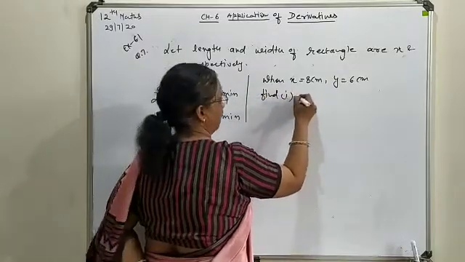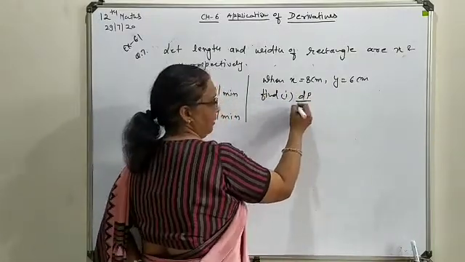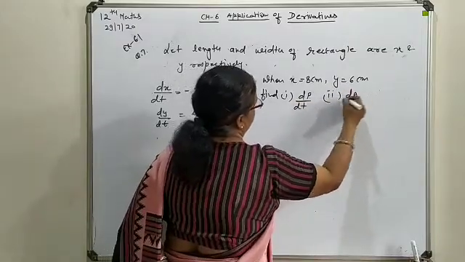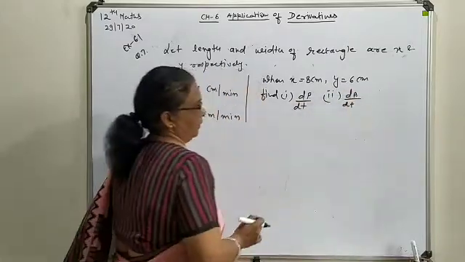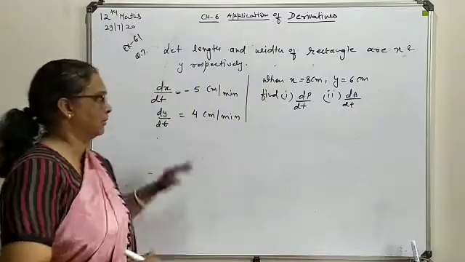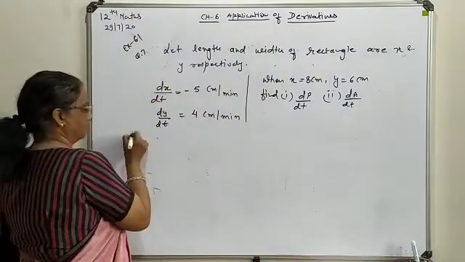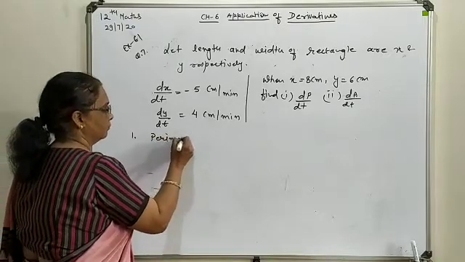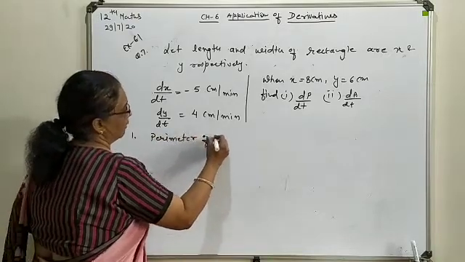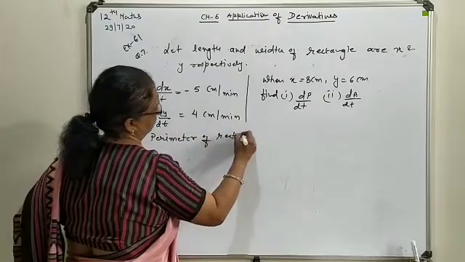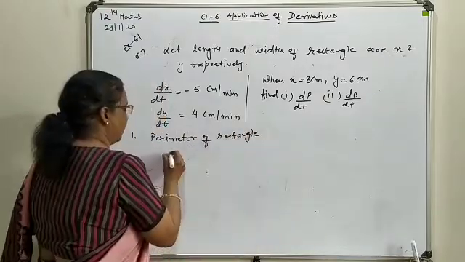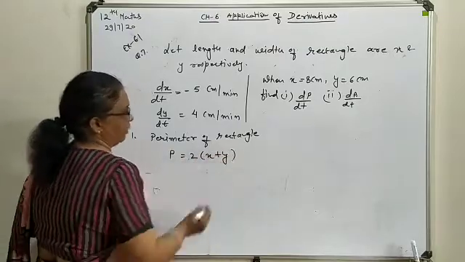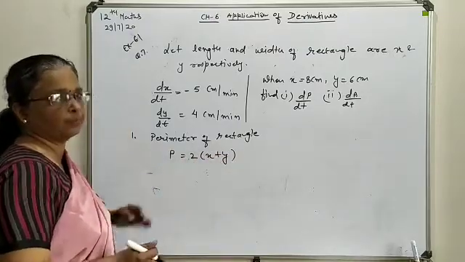So here we have to find out the first thing, that is, if perimeter we use p, dp by dt, and second thing, area of a rectangle. So for both quantities we will talk here. First, perimeter of a rectangle means p is 2(x plus y), 2l plus b.